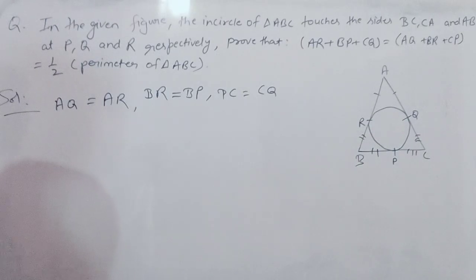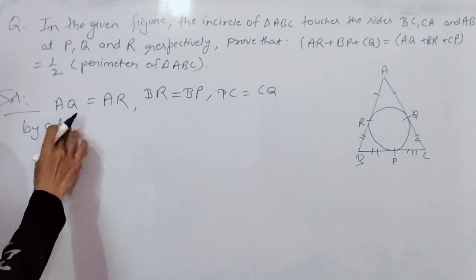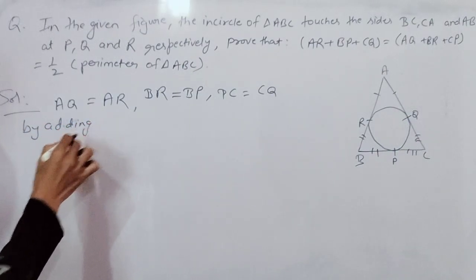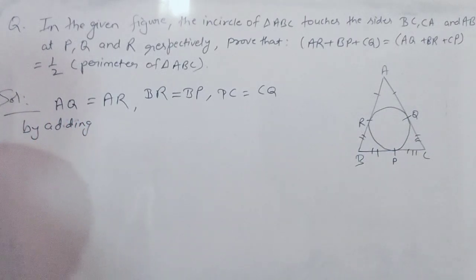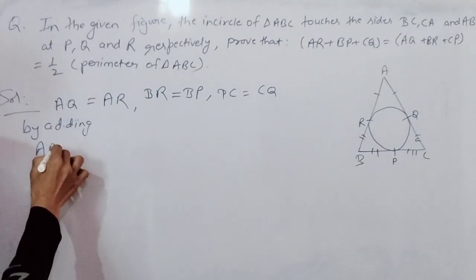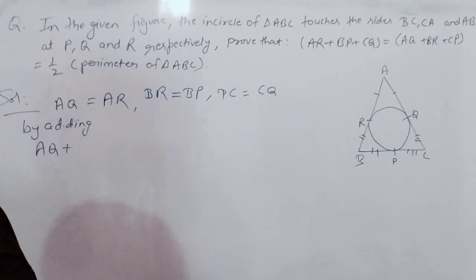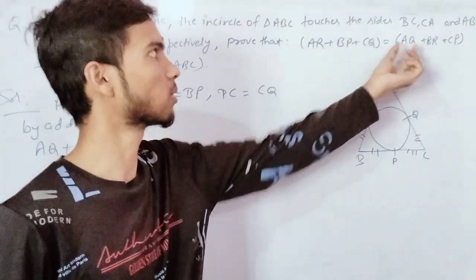What else? By adding one side and one side, another side and another side: AQ plus BR plus CP. By doing that we can get this equal to this.